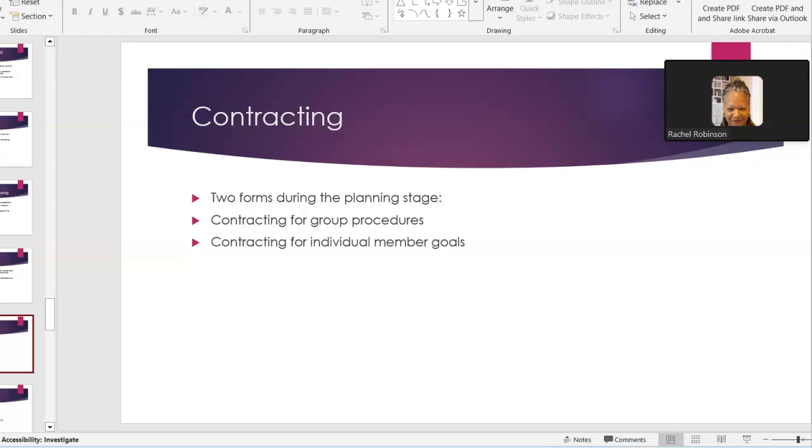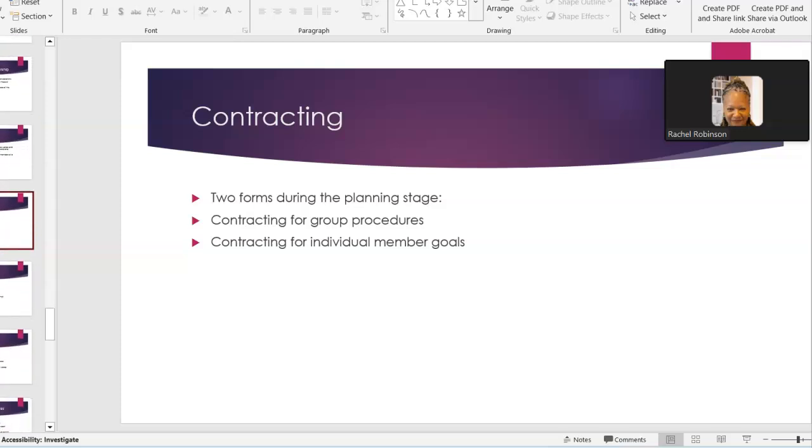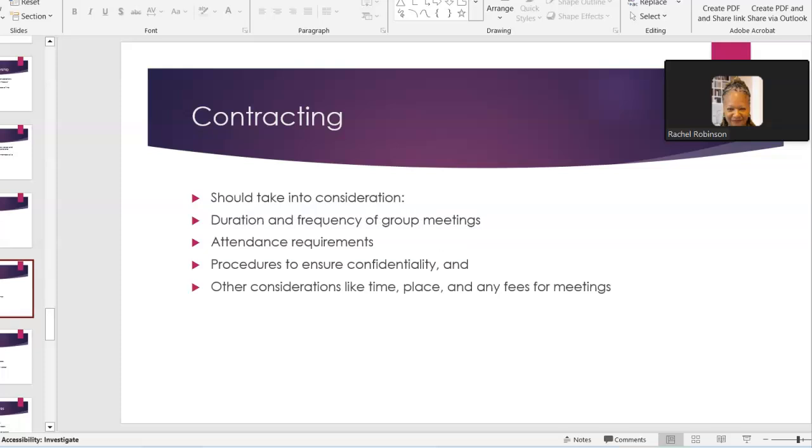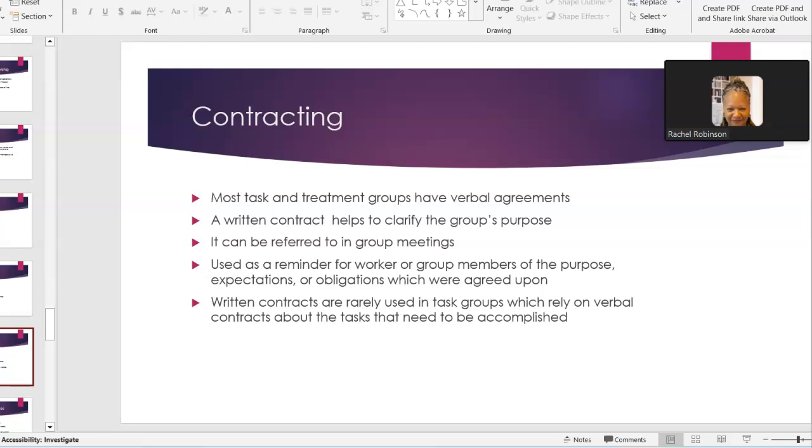So in coming into the group, members have an idea of what they want to work on within the context of the overall purpose and the overall goal. So, right, duration, attendance, confidentiality. You really want to talk about the confidentiality and any other things that need to be taken into consideration.